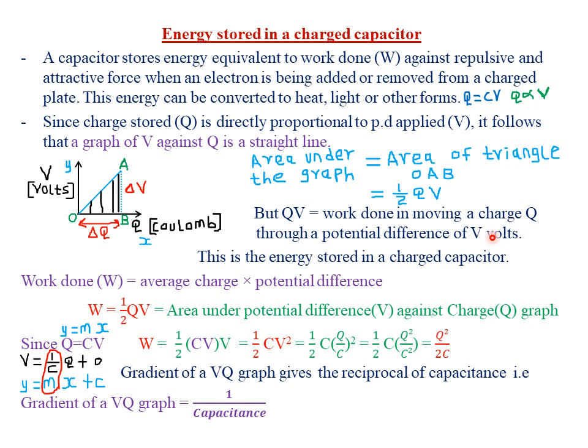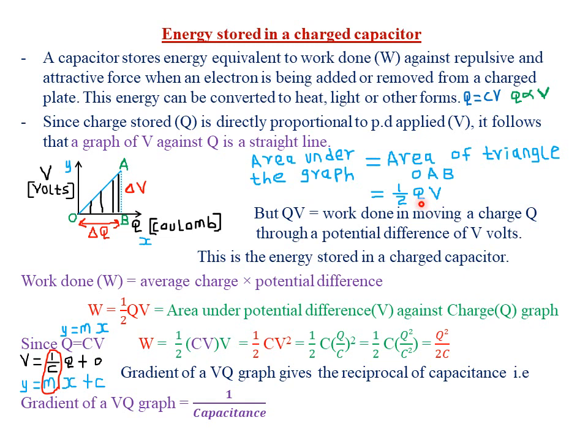So we said that from current electricity 2, lesson 1, that the work done in moving a charge Q through a potential difference V is given by the product of Q and V. Then we say that Q and V will always give you the work done in moving that particular charge. So this is also the energy which is stored in that particular charged capacitor, that is that particular work done.